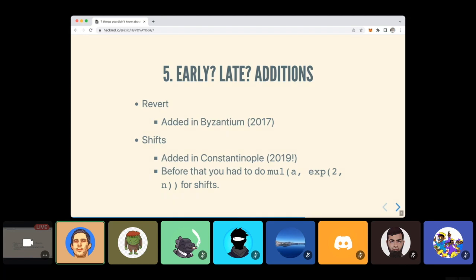Most of the improvements relating to the EVM weren't originating from the EVM itself. They were originating from other system changes.